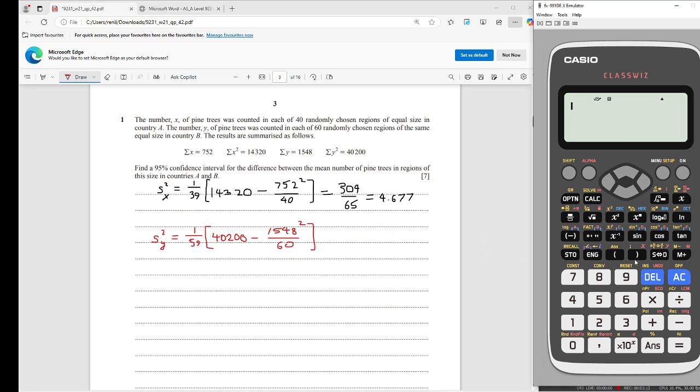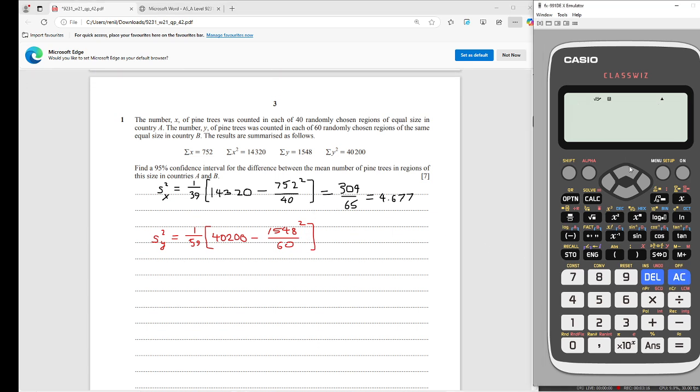So let's put that also in the calculator, just to note our fraction value here.